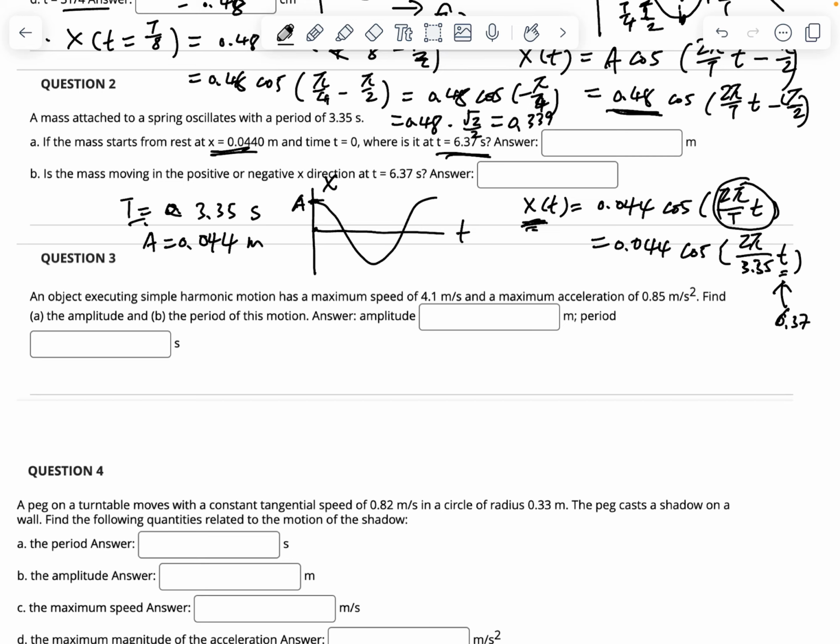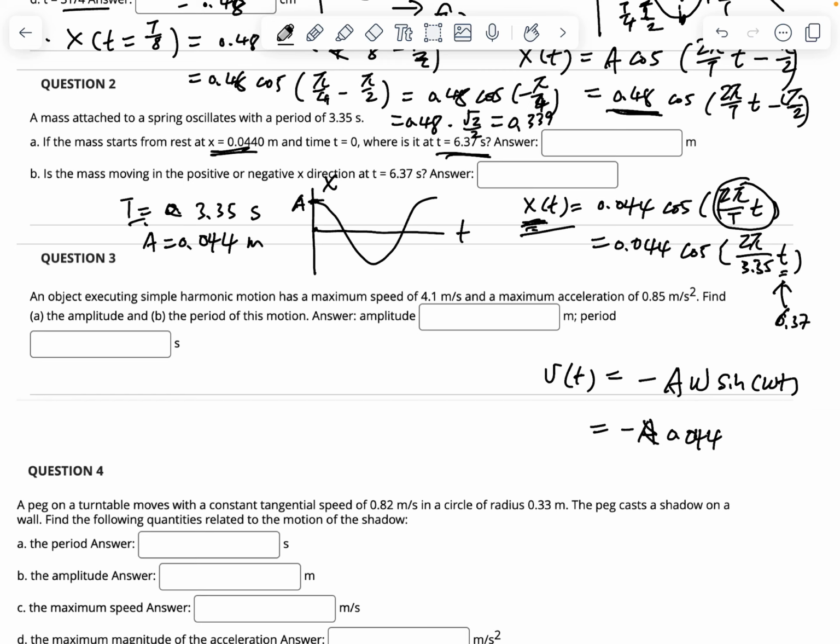So what's the velocity equation? v(t) equals negative A omega sine omega t, as we talked about in class. So this is equal to negative A, and we don't know A, right?